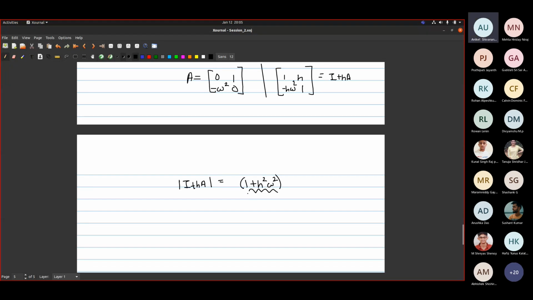This is not 1. Why do I want it to be 1? Because as you know, when it comes to vectors and matrices, determinants tell you the area that is made by the parallelogram of the column vectors of the 2 cross 2 matrix.